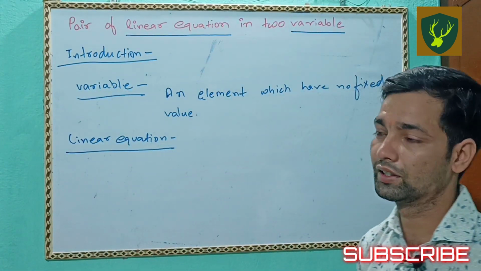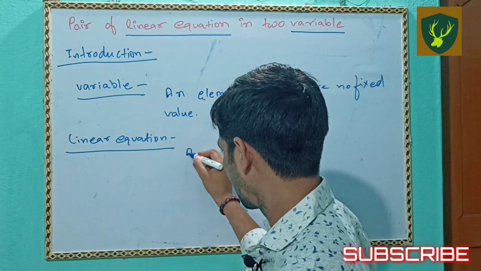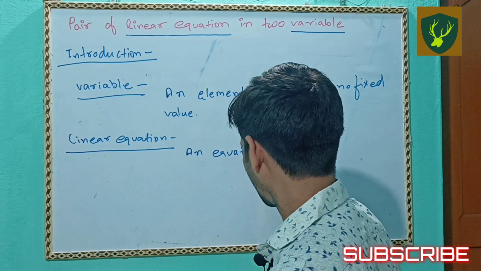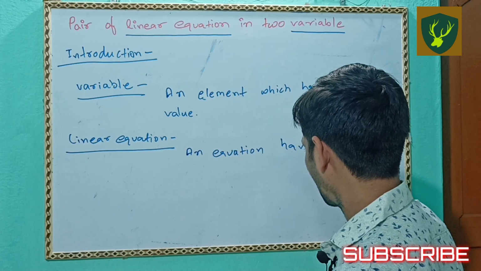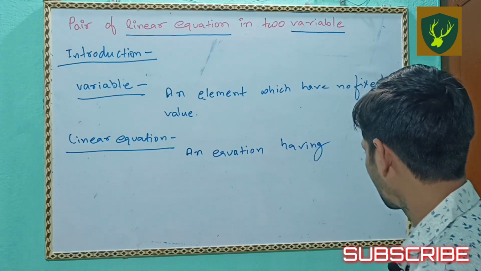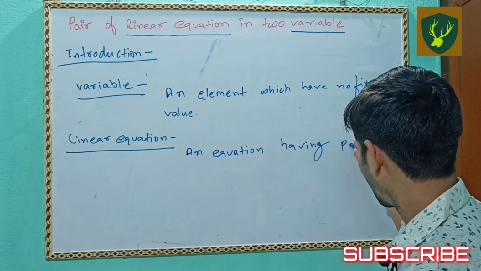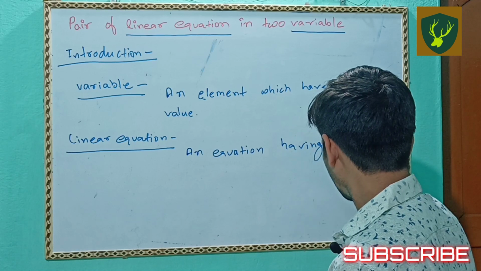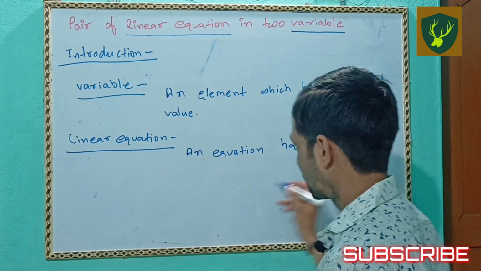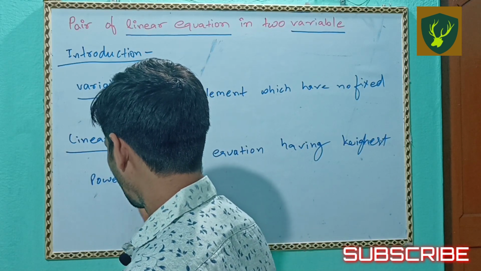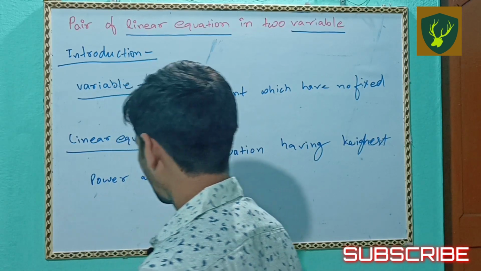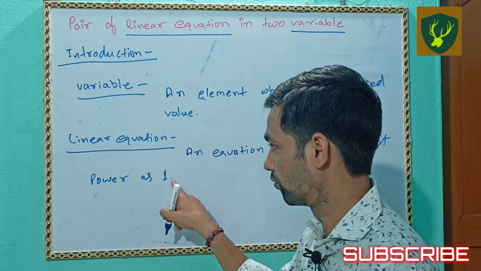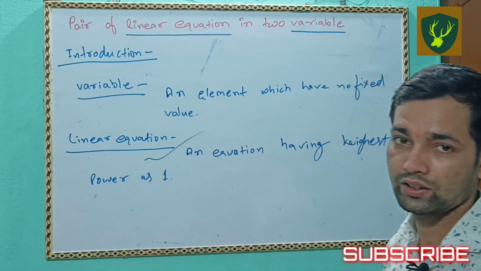What do you mean by a linear equation? An equation having the highest power as 1 will be known as a linear equation.